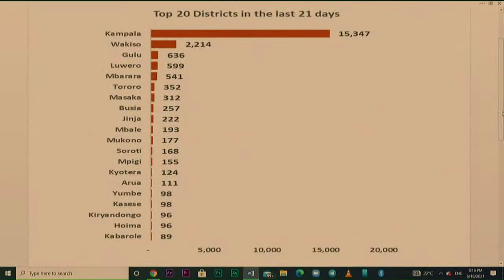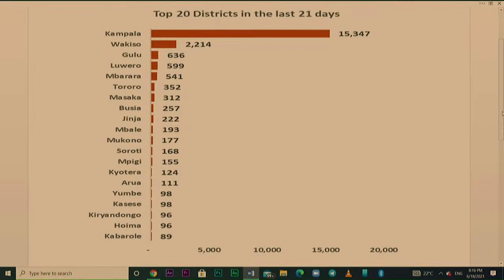Now, the top 20 districts with corona in the last 21 days. Kampala, 15,347 in 21 days. When I put it in our local language, it's clear.